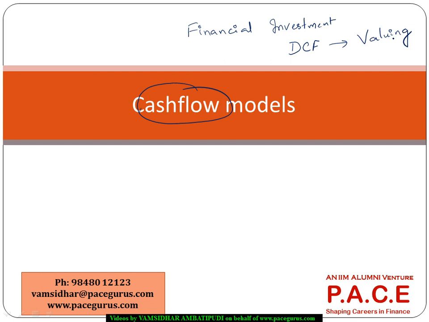So that is where we are trying to have a brief introduction on what this cash flow is all about and what kinds of cash flows are associated with what kind of investment. Some common examples of cash flows associated with different investments are also considered.